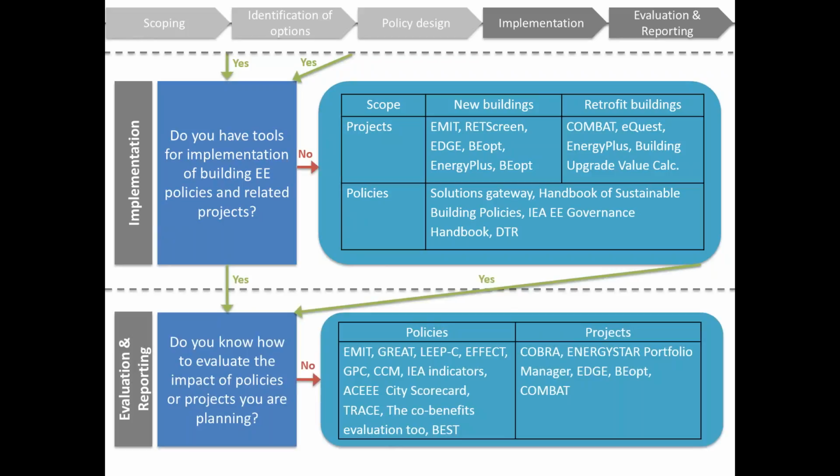And the last stage, and this is probably very important for this workshop as it is linked to the evaluation conference, is the evaluation and reporting, or tracking the progress of what is going on, how energy efficiency is being implemented, what kind of results are being delivered, and how it can be tracked. And again, we distinguish between policy and projects. When it comes to policies, there are different ways of approaching this tracking.